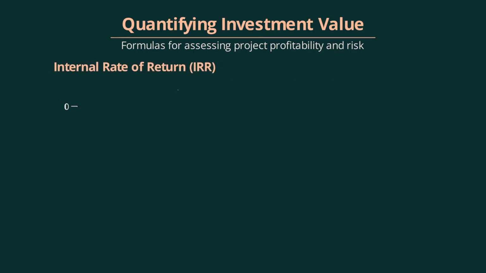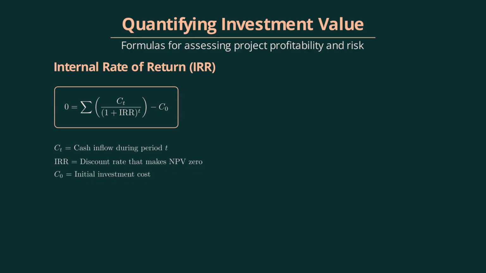Next, we have the Internal Rate of Return, or IRR, a powerful metric to understand a project's expected return. For IRR, we set 0 equal to the sum of cash inflows at time t divided by 1 plus IRR raised to t, minus the initial cost. Again, C sub t stands for the cash inflow generated during a particular period t of the project.